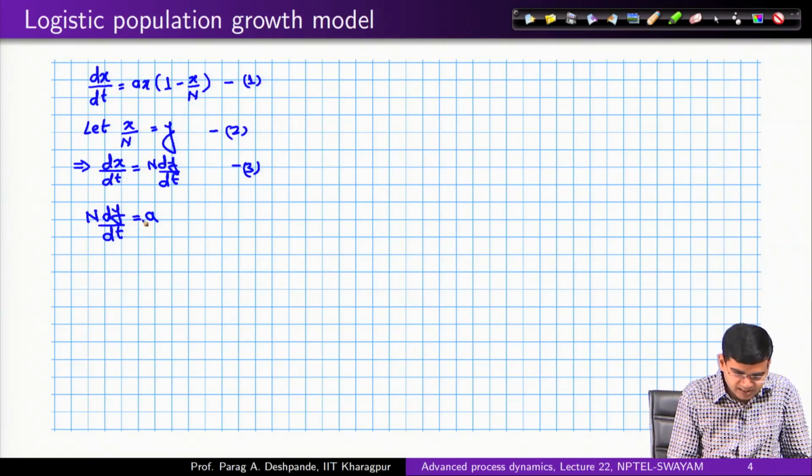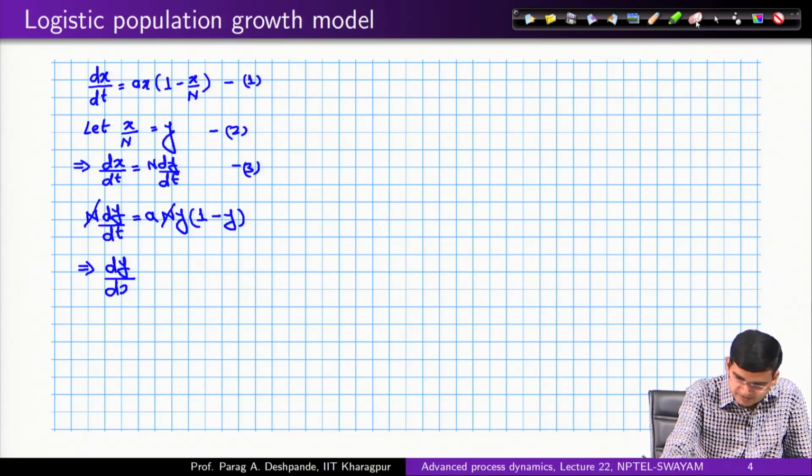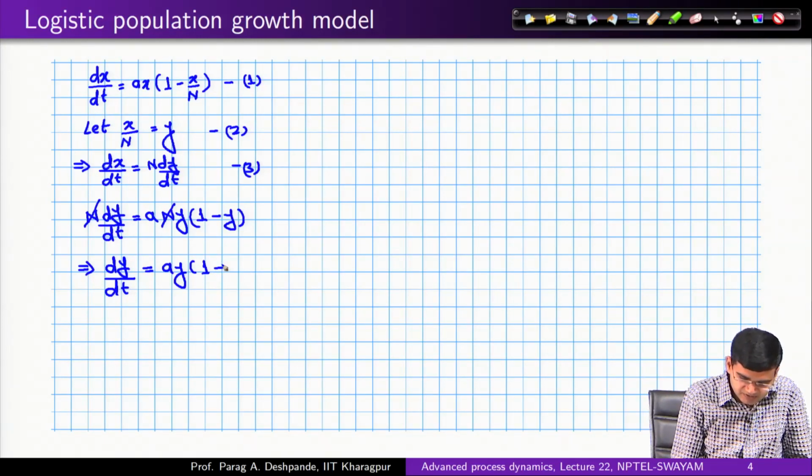Instead of x, I will write n times y, and 1 minus x by n is 1 minus y. This n and this n go away. So, I will write dy by dt is equal to a y times 1 minus y.